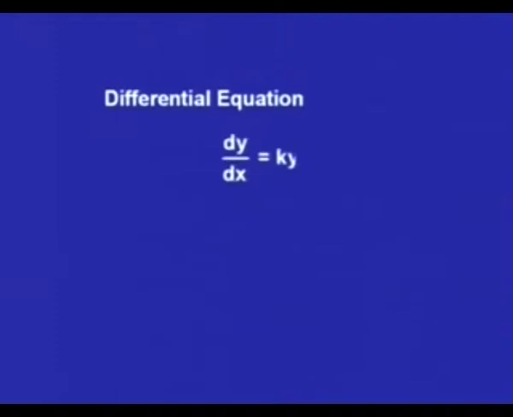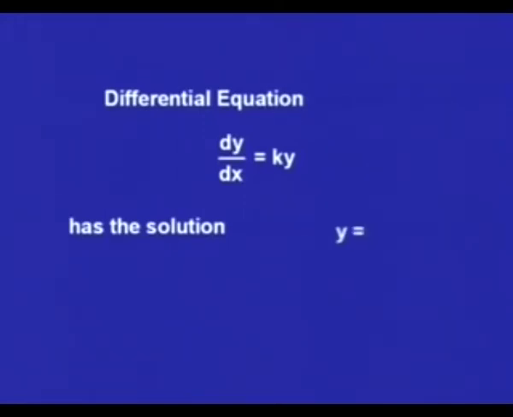In the first lecture, we learned that the differential equation dy over dx is equal to ky has a solution y is equal to c times e to the power kx. This we had obtained from the relationship between the exponential function and its derivative.